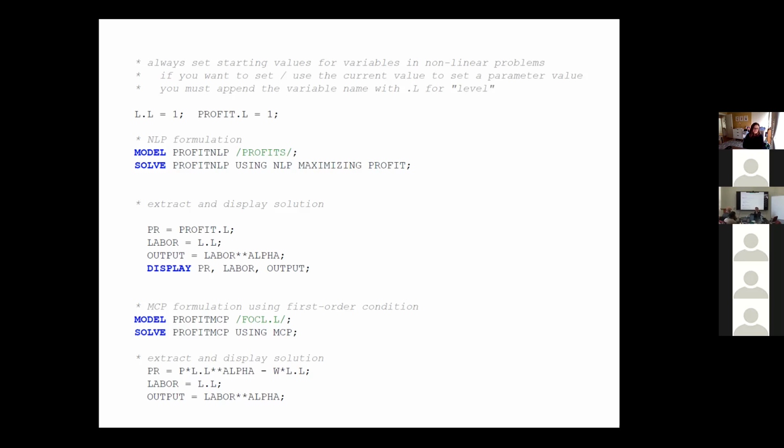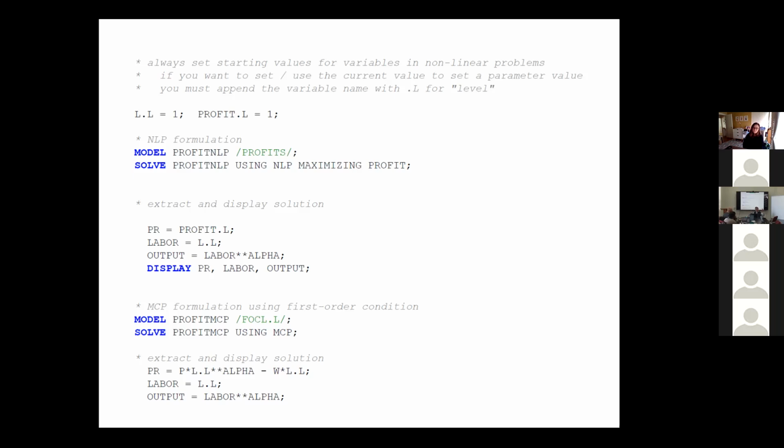All right, so GAMS solves the model, and we'll show you a listing file later on. But after you solve the model, you can also extract and display some information, other calculations from the solution. So I've just shown there, you can have a parameter called PR, which is for profit equals profit dot L. Now, the reason for this is that GAMS for a variable stores 4 different values.